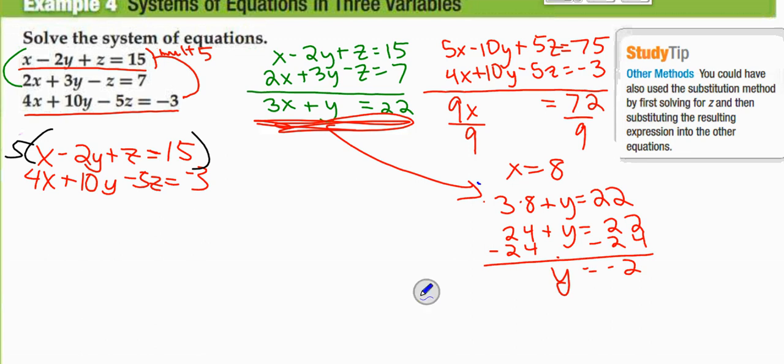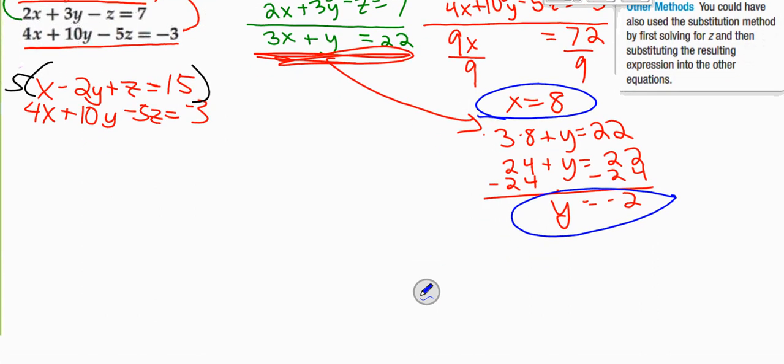Now, I have another question, because I know x is 8 and y is -2. How am I going to figure out what z is? Into one of the first equations. Okay, so go ahead and put x into the first equation for me. Why don't you go ahead and do that?